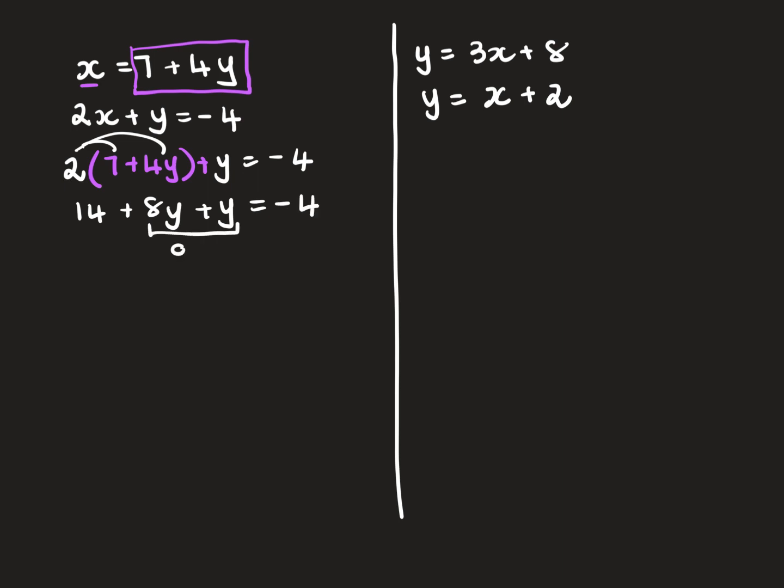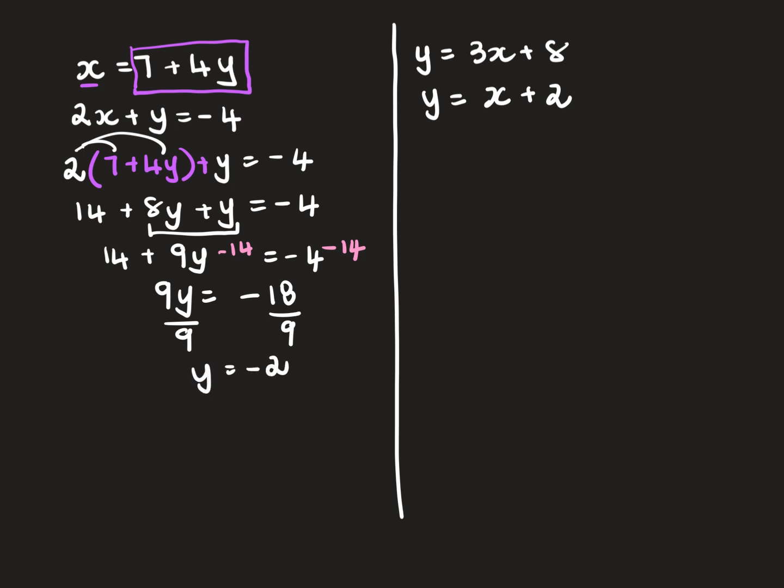Collect like terms here. 14 plus 9y equals negative 4. Take 14 off both sides. 9y is equal to minus 18. Divide by 9. Y is equal to negative 2.